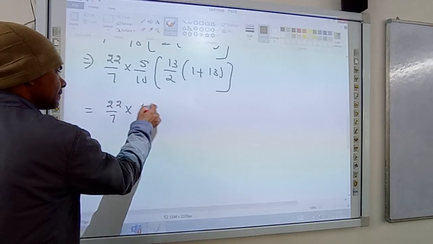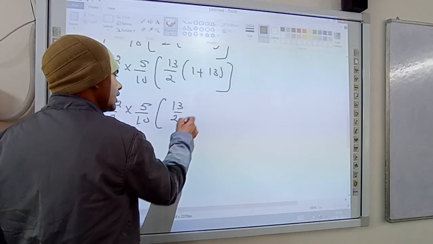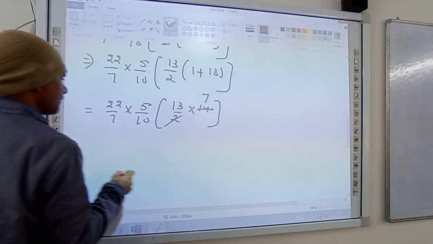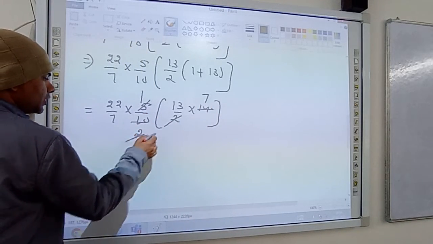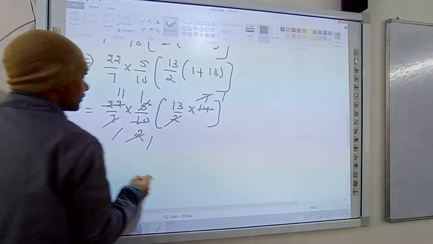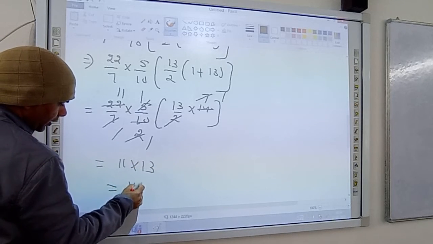Right, sir. 13 by 2 into 14. Simplifying, 11 into 13 becomes 143 centimeter.